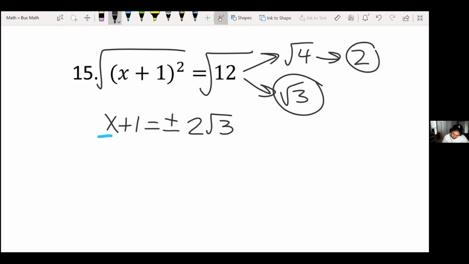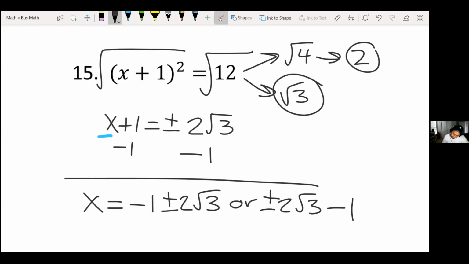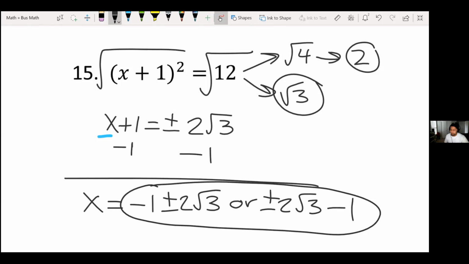All right, so I just minus 1, and I get x equals negative 1 plus or minus 2 square root of 3, or plus or minus 2 square root of 3 minus 1. Either one. However you want to write that.